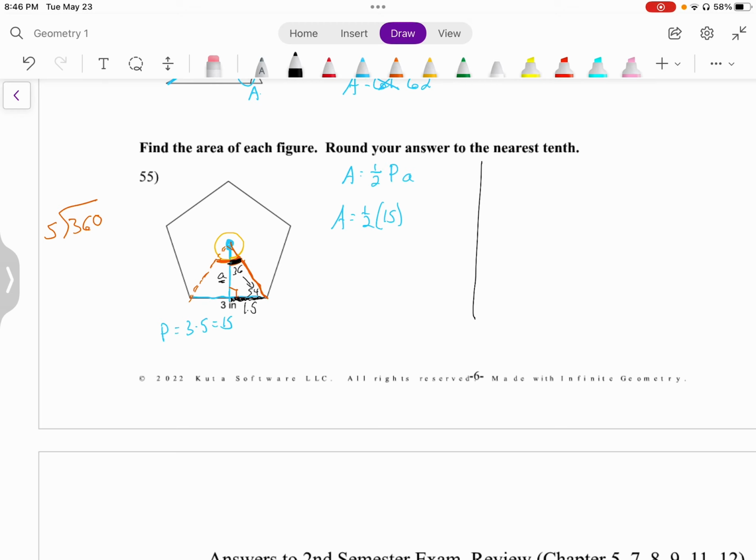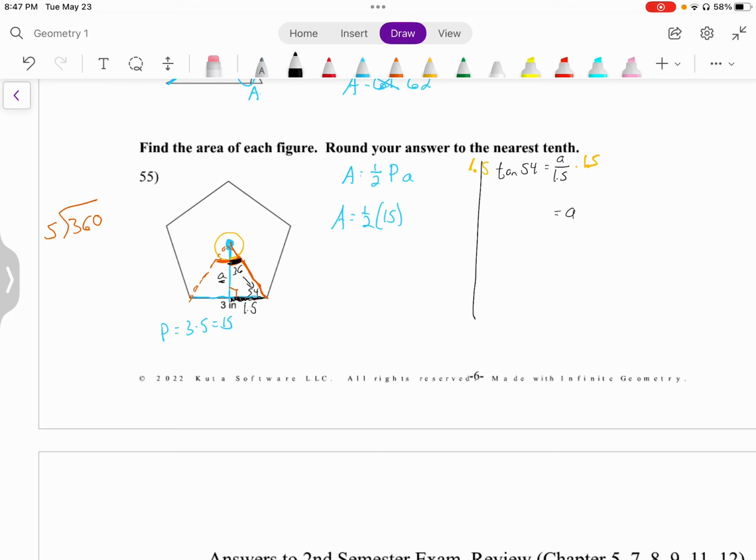So what works with opposite and adjacent? That's tangent. So the tangent of 54 is opposite, which is A, over adjacent, which is 1.5. I would just go ahead and multiply both sides by 1.5 here. And put that in my calculator.